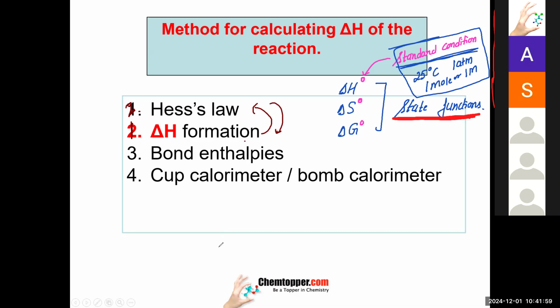Sarthak, Krishav, Krista, Sanvi, state functions. They depend only on initial and final state. Remember, I gave you the example of water.